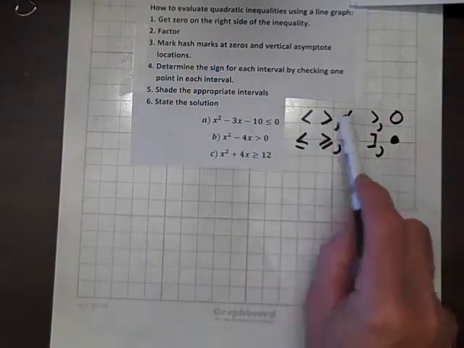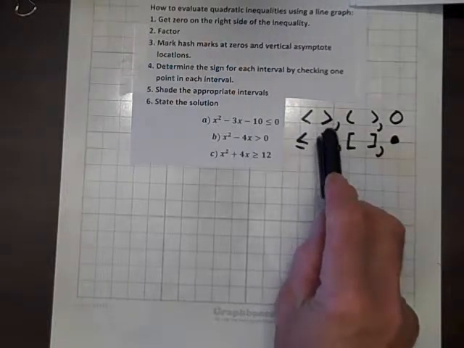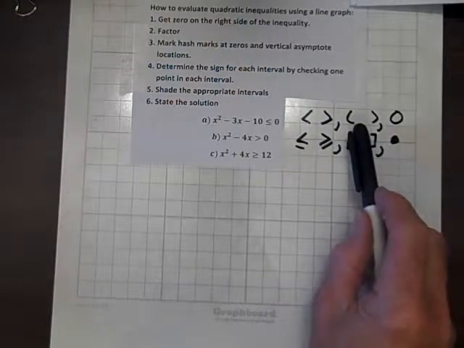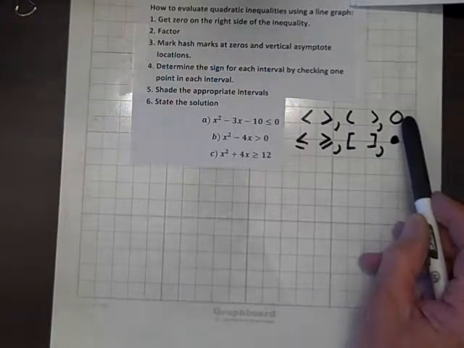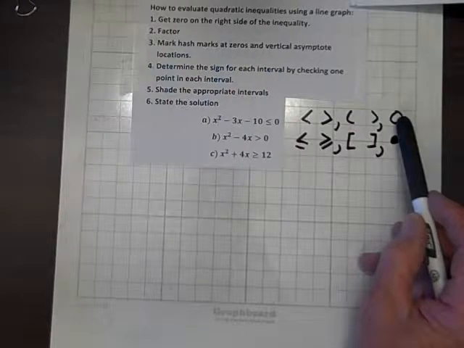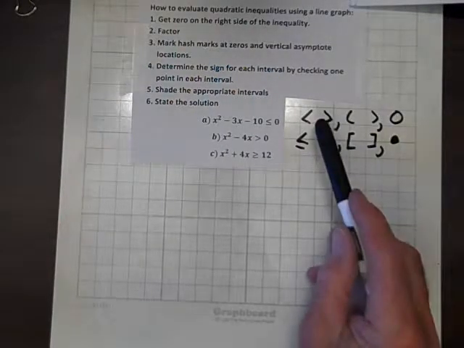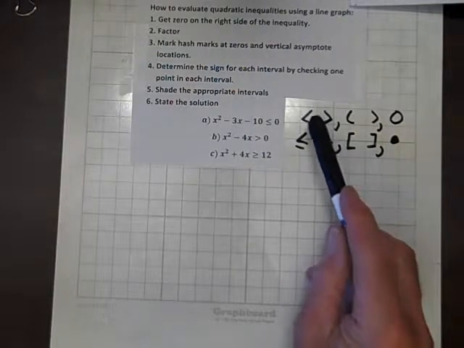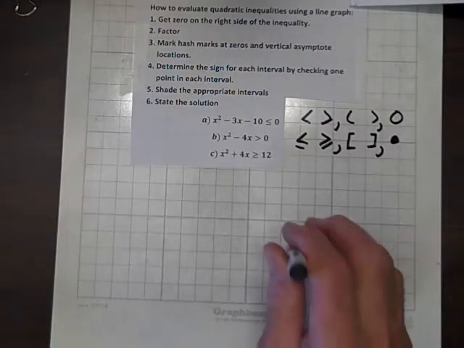And these are the corresponding symbols we'll use. Whenever we have a less than or greater than, we'll use parentheses for interval notation. For graphing, we'll use an open circle at hash marks because the bound, the 0, is not included in the solution.